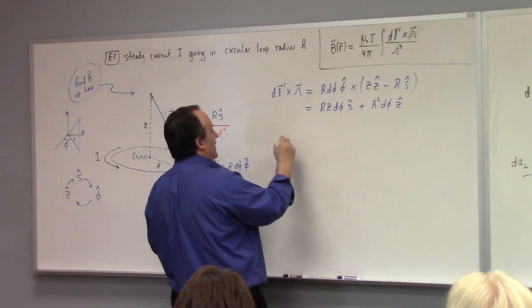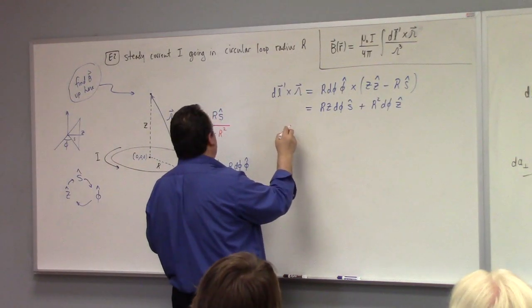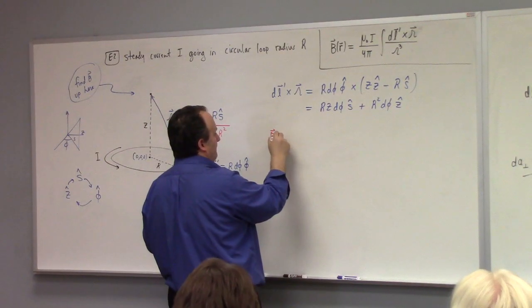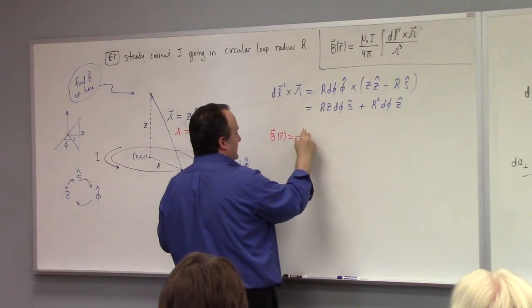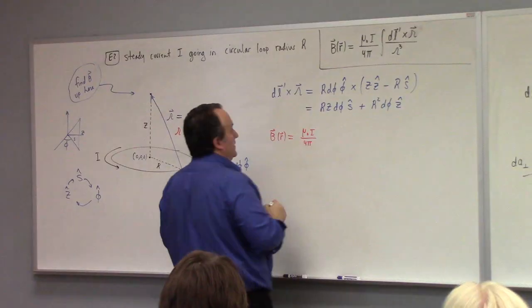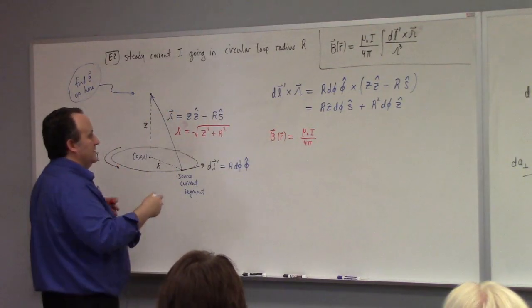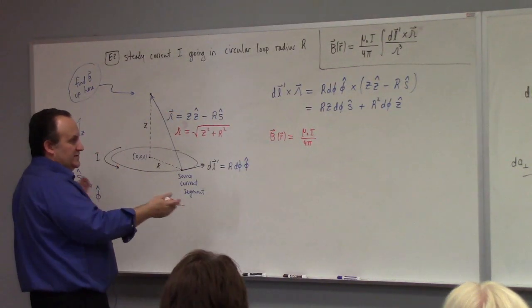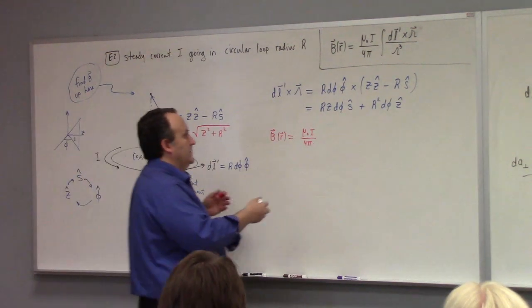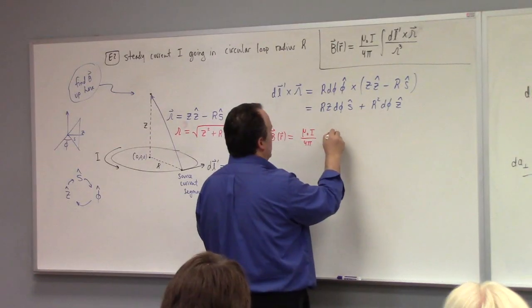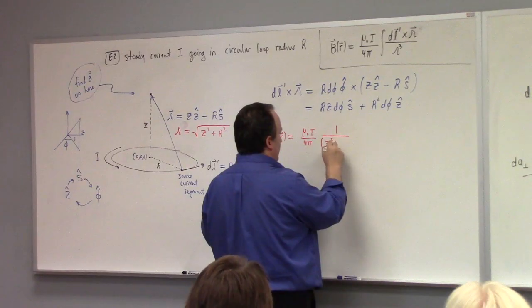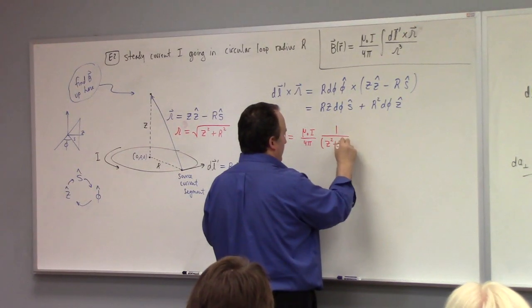All right, so then my B of r is mu naught I over 4 pi. Notice that the script r cubed has no phi dependence, right? So we can pull it outside the integral. So we've got 1 over z squared plus r squared to the 3/2.